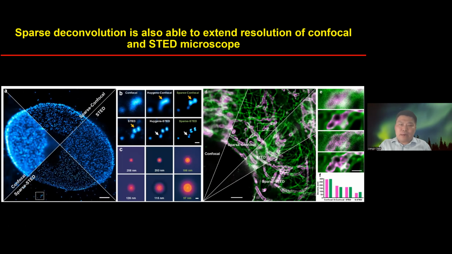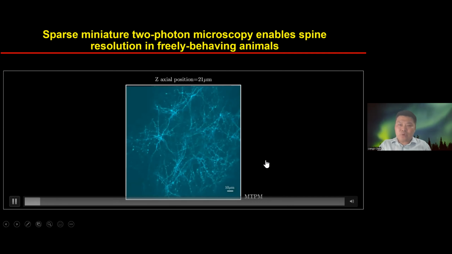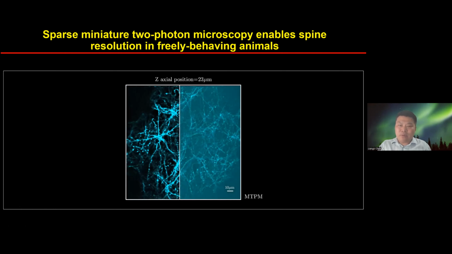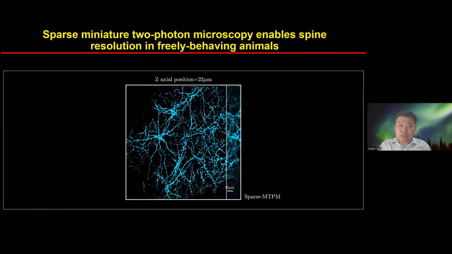And we also benchmark our method on other technologies, like a point scanning confocal, which becomes a sparse confocal with improved resolution, or STED, or sparse STED, also with improved resolution. And we also try our invention, a miniaturized two-photon microscope, in a live animal. These are Thy1 labeled, sparsely labeled neurons and dendritic structures.